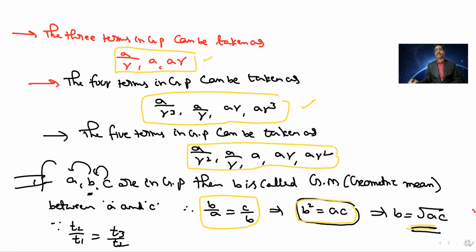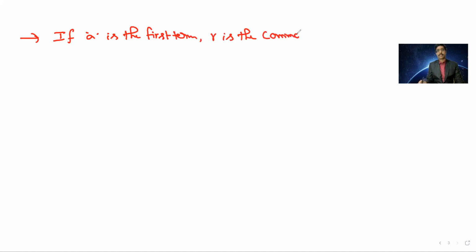Now I am going to explain the sum of n terms. If A is the first term and R is the common ratio of a GP, then A, AR, AR square, AR cube, and so on up to AR power n minus 1 are in GP.